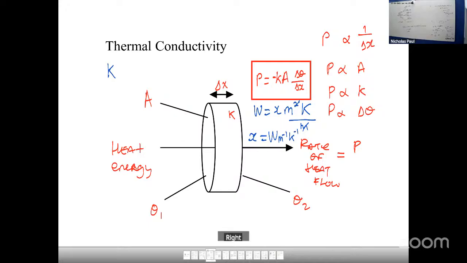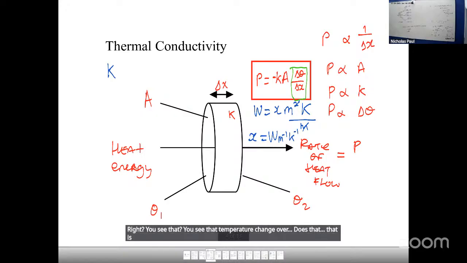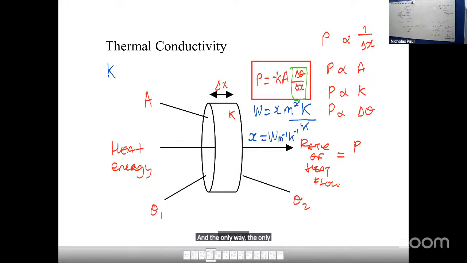So we know what K is. K is thermal conductivity. We know what A is and so on. But there's another quantity in here that we need to learn about. You see that temperature change over delta x? That is called temperature gradient. And the only way that heat will flow is if that temperature gradient exists.